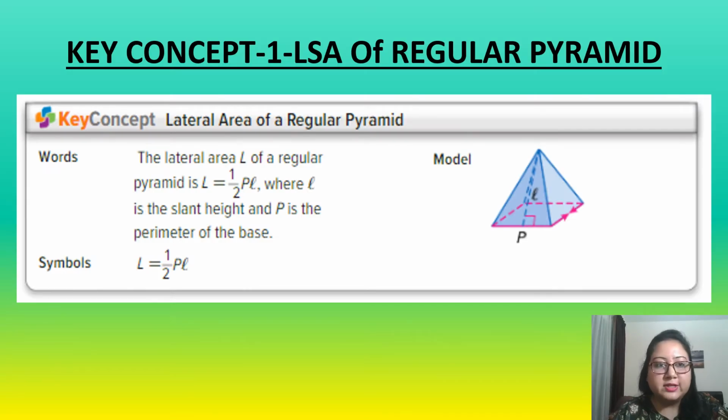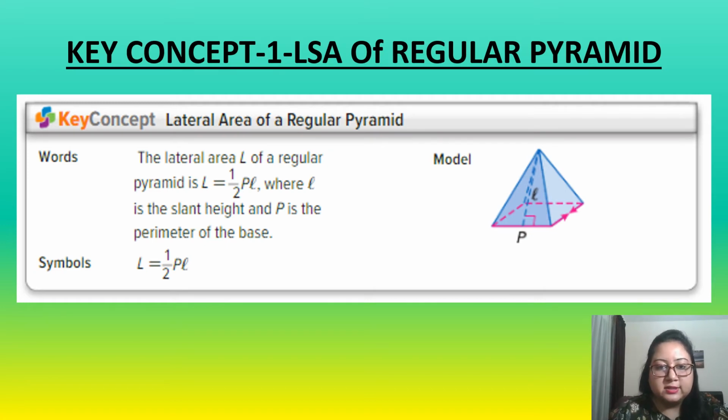Okay, so that brings us now to the first key concept for the lesson, which is lateral surface area of a regular pyramid. So we are considering this regular pyramid here. So the base is going to be a regular polygon and all the non-base faces are meeting at the vertex.